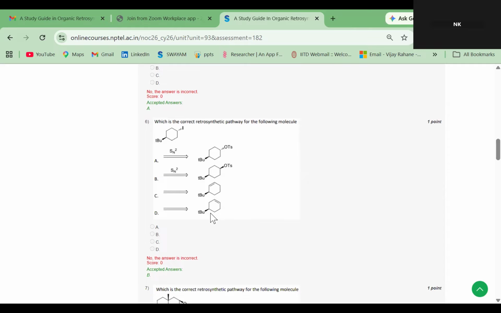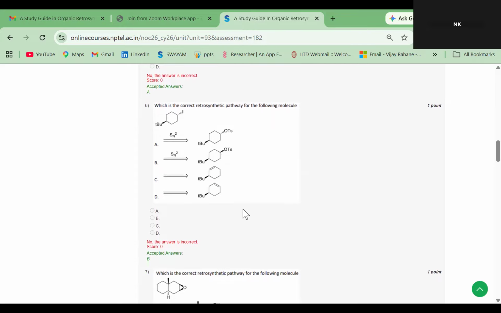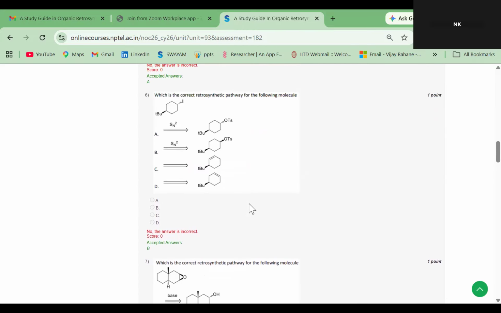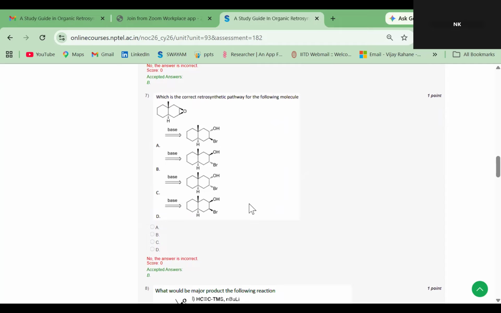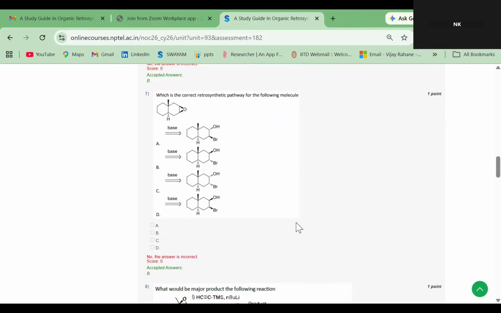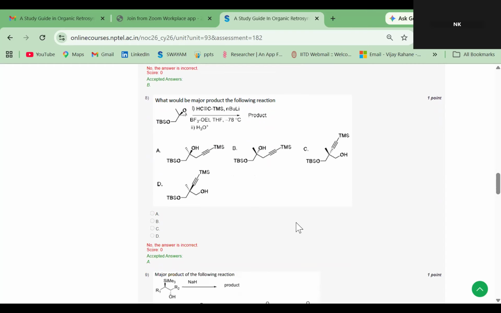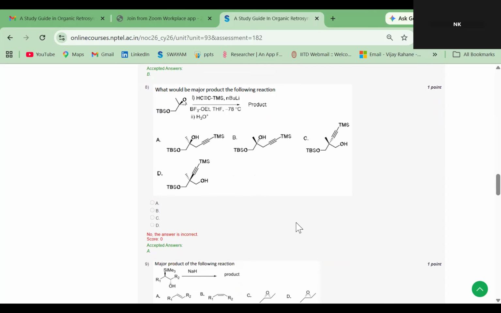Is this okay? Yeah, that I got. Then the seventh problem is based on the opening of the epoxide. And then the eighth one, I need an explanation. These two down are okay.